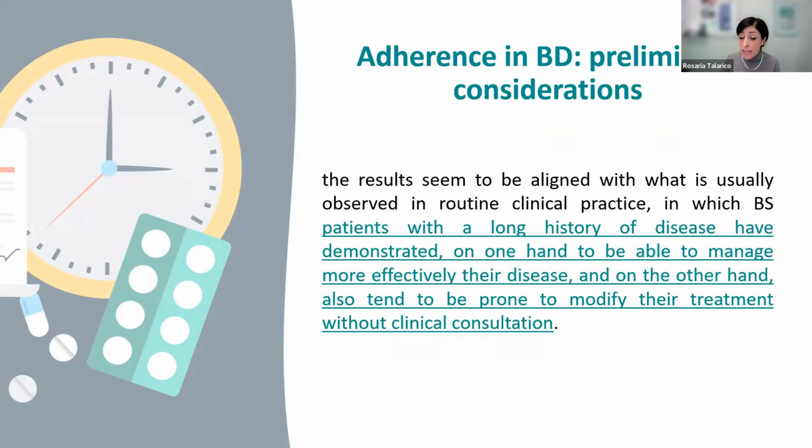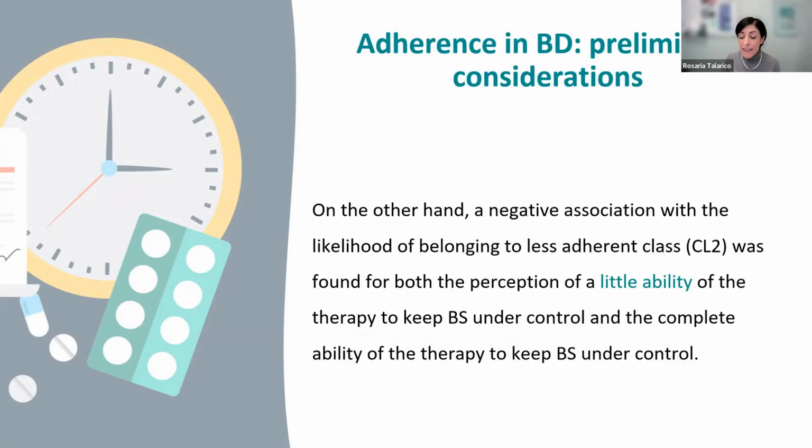In other terms, they tend to be less adherent. It is defined as a sort of overconfidence in managing therapy, which in many cases is reported in the literature, also in high prevalence diseases, not only connective tissue disease, and is related to the long period from the diagnosis, a long history of disease, and a long experience in managing therapy.